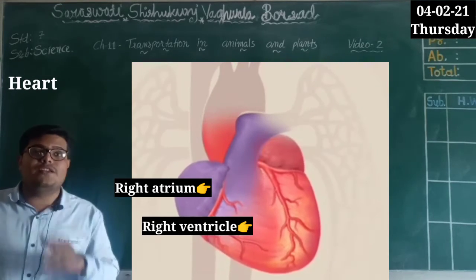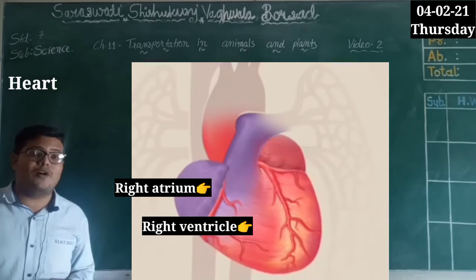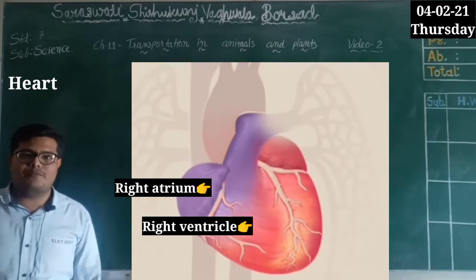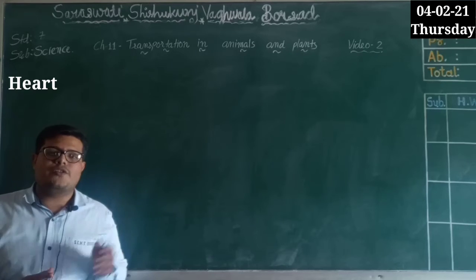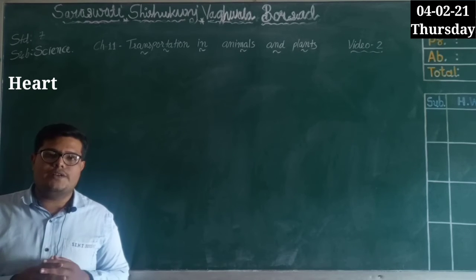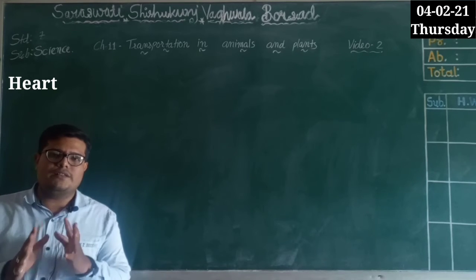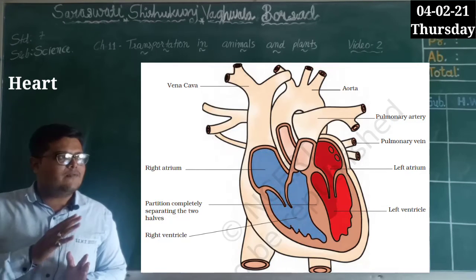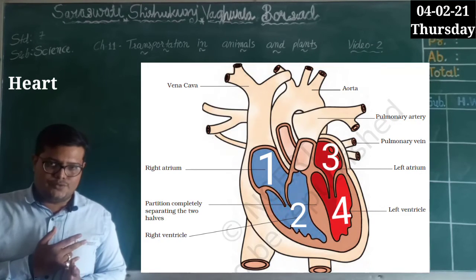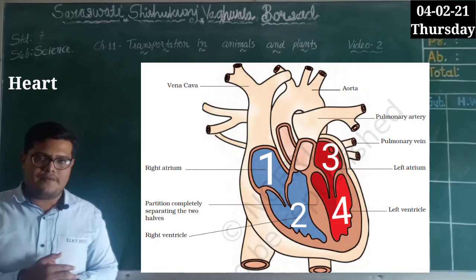So that is how circulation of the blood takes place with the help of the heart, and this is an inseparable part of transportation. As we understand the circulation of the blood, the structure of the heart we also need to understand. There are 4 chambers, 2 in the right and 2 in the left.